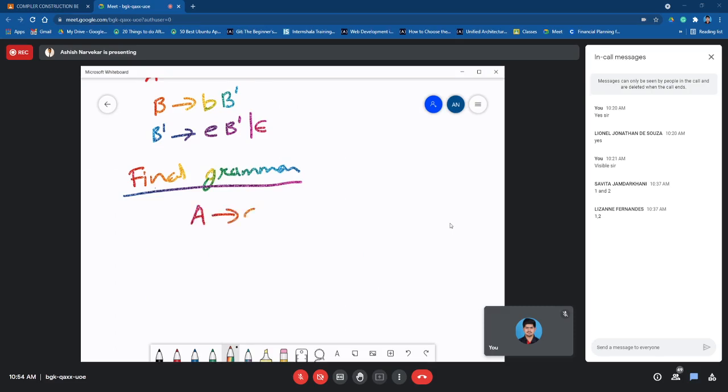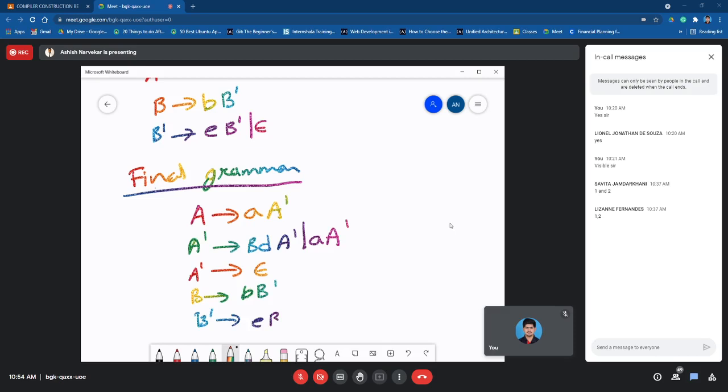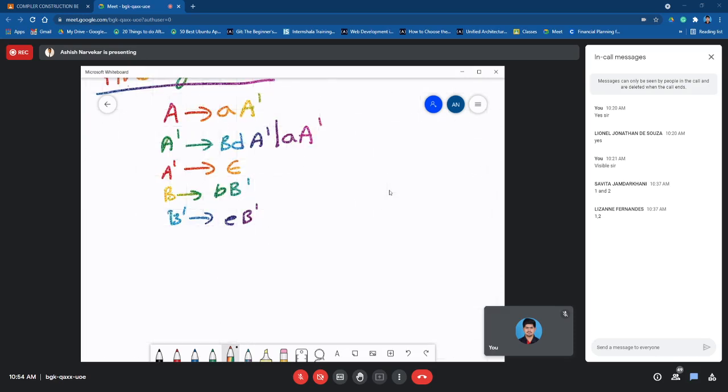So A derives small a A dash, A dash derives capital B, small d, A dash, or small a A dash derives epsilon, B derives small b B dash, B dash derives E B dash, and finally B dash derives epsilon.